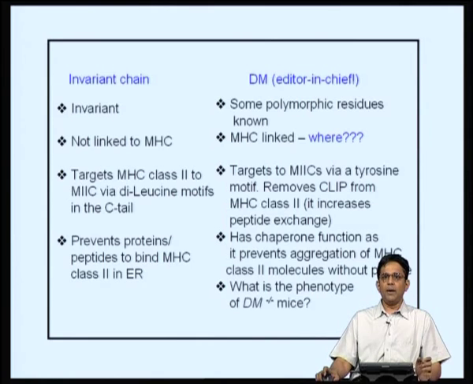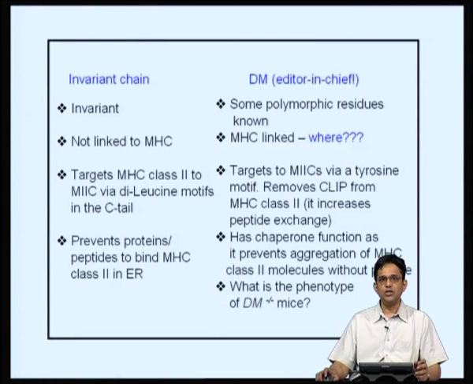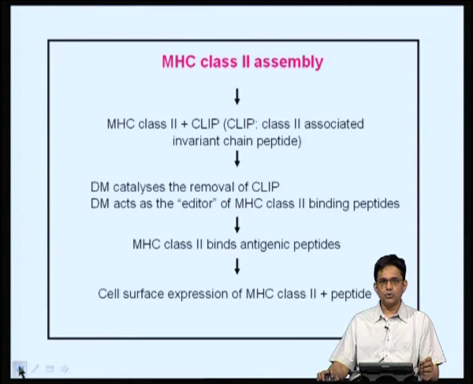Okay. So, some differences between invariant chain and DM, which is also known as the editor in chief. Invariant chain is, as the name suggests, invariant, and for DM there are some polymorphic residues known. Invariant chain is not linked to MHC, whereas this is MHC linked. Where is it? I would like to just show this to you.